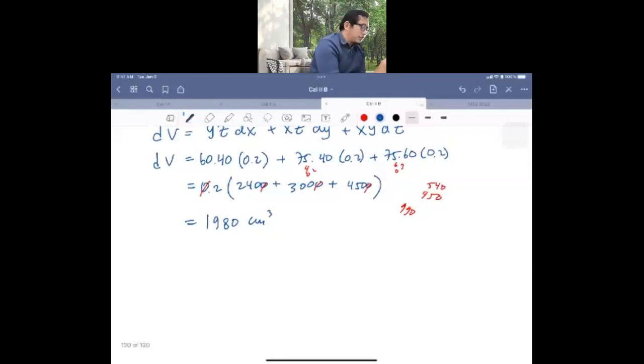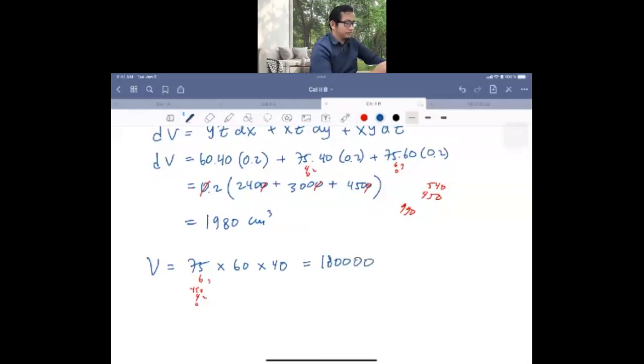Now the real volume, with 75, 60, and 40, is 180,000.